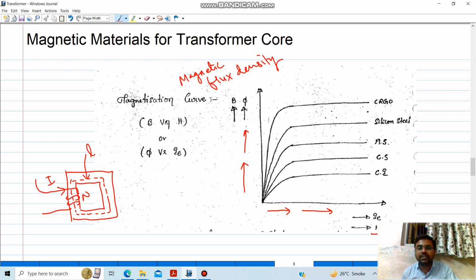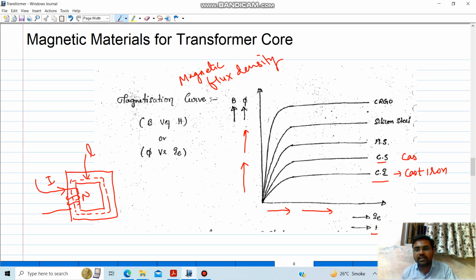Now based on the different flux density versus the field strength, there will be different materials. If you use them for the core of the transformer, they will have different shapes of BH curve. Firstly is the cast iron. That is one of the magnetic materials which can be used for the transformer core.